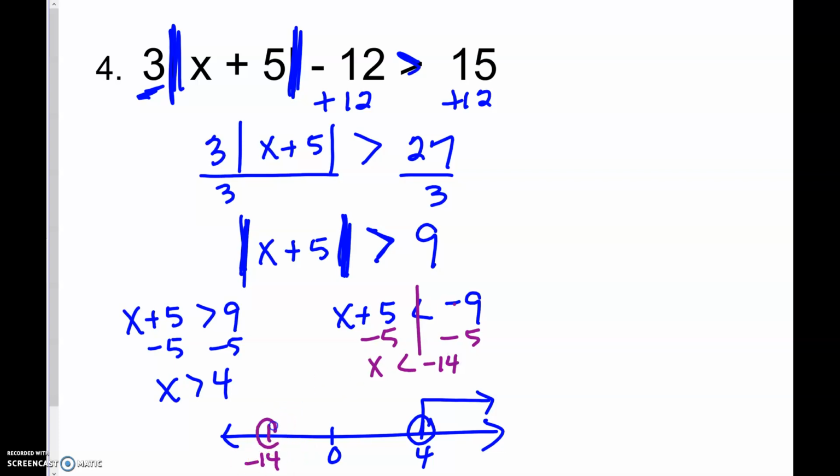Now we have an open circle because we do not have a line underneath it, and x is less than negative 14. So if I all of a sudden start graphing it and go like that, something in my brain should say, wait a minute, those are not the two cases. Our two cases are they either both go out or we shade between because they're going toward each other.